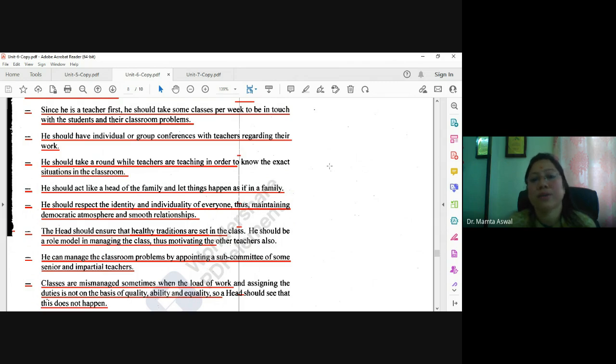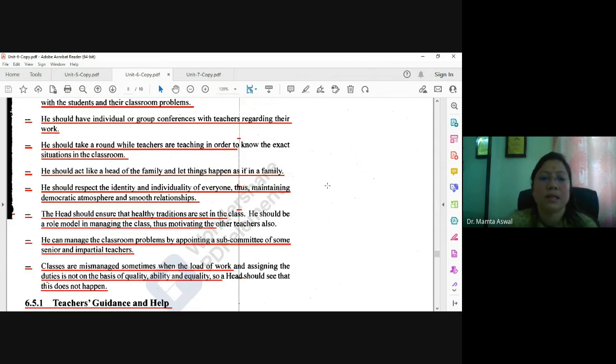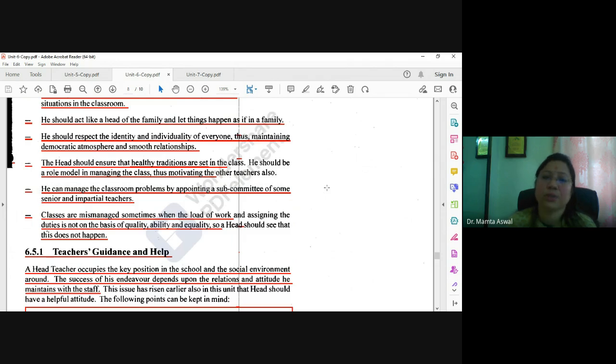If teaching learning is going on, he must go around to check what is happening. Then he should have a cordial relationship with the teachers and staff, so their identity and their respect must be maintained.